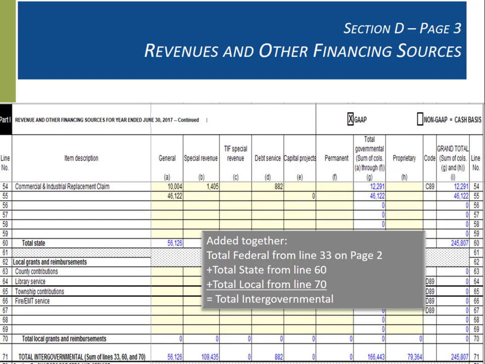These local grants and reimbursements are filled out in column A, lines 63 through 66. They are the last piece of your intergovernmental block. Your workbook will add together your federal total from line 33 on page 2 with the total state from line 60 and total local from line 70 to give you a total for the category of intergovernmental.